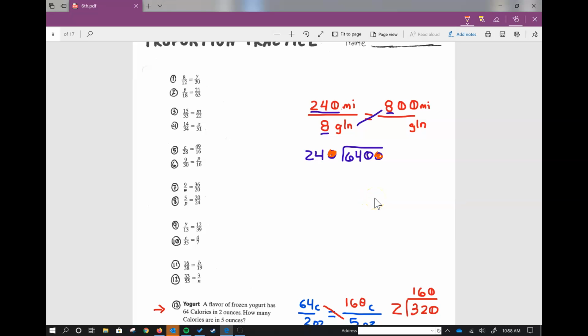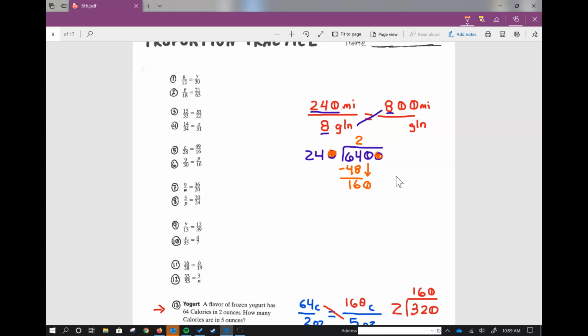We now have 24 into 640. How many times can 24 go into 64? 24, 48, 24 times 3 is 72. That's bigger than 64. So we can go in there twice. 2 times 24 is 48. 64 minus 48 is 16. Bring down our 0. 24 into 160.